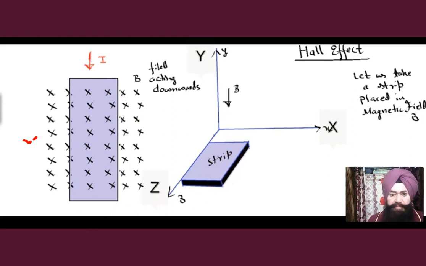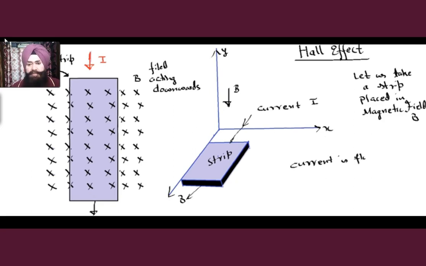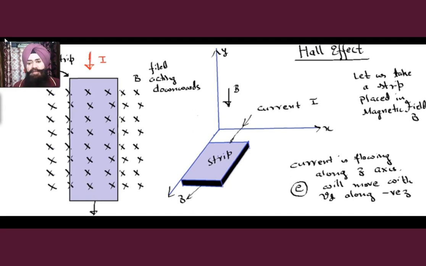Okay, now let a current be made to flow along the z direction. So current is flowing along the z-axis, and the electrons will move with drift velocity Vd.